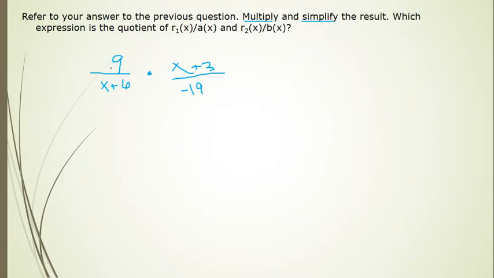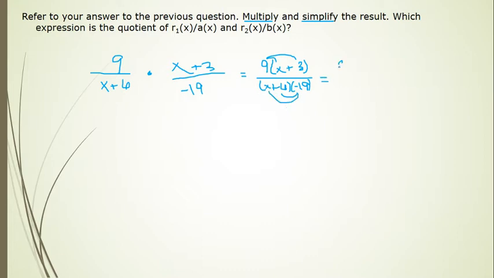When you have two fractions multiplying, you multiply the tops together and you multiply the bottoms. So I would have 9 times the quantity x plus 3 divided by the quantity x plus 6 times negative 19. I'm going to distribute on my top and distribute on the bottom.